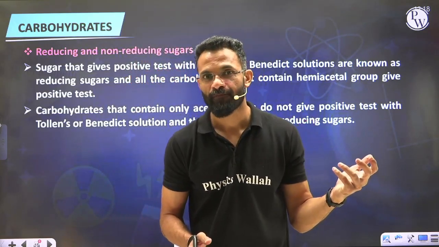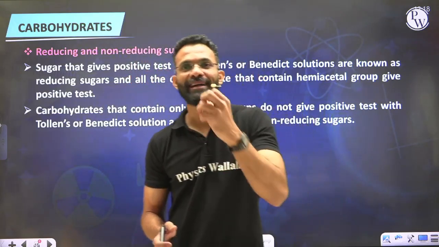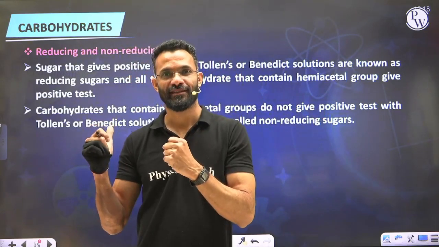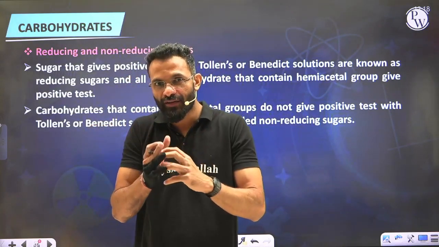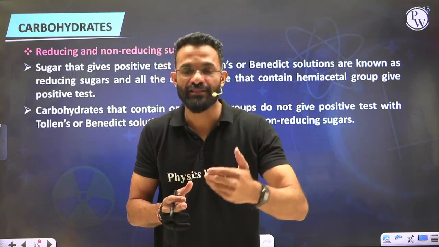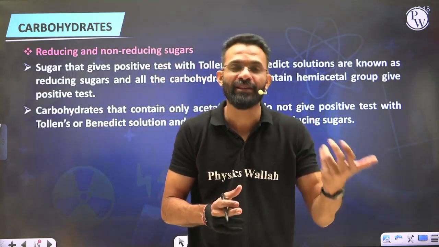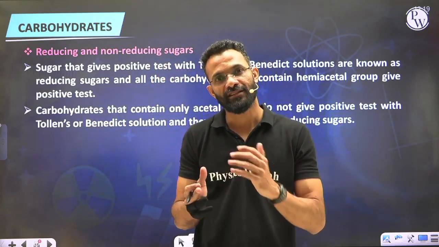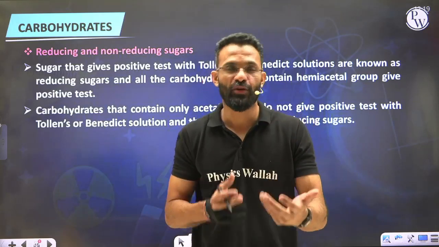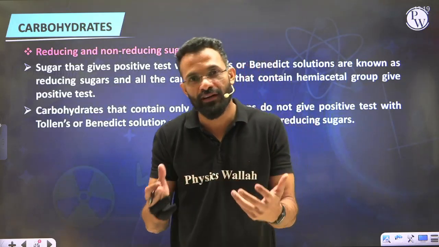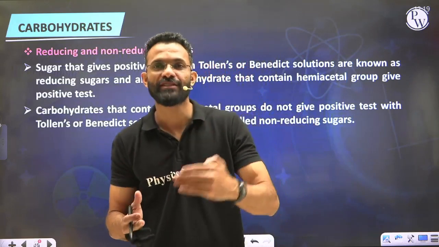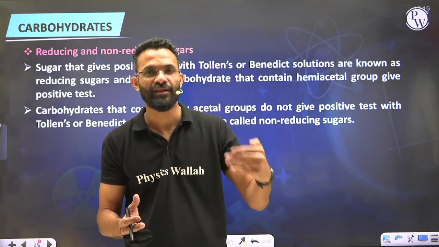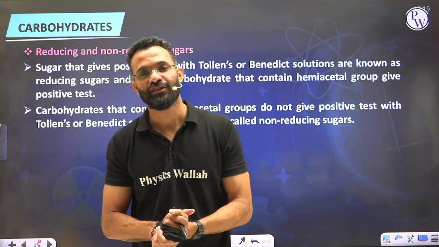Right, everyone? Now imagine if the same aldehyde is present in carbohydrates. Those carbohydrates which reduce Tollens reagent, Fehling solution and Benedict solution will be considered reducing carbohydrates. Because carbohydrates are commonly termed sugars, such sugars which reduce Tollens, Fehling and Benedict solution will be referred to as reducing sugars.